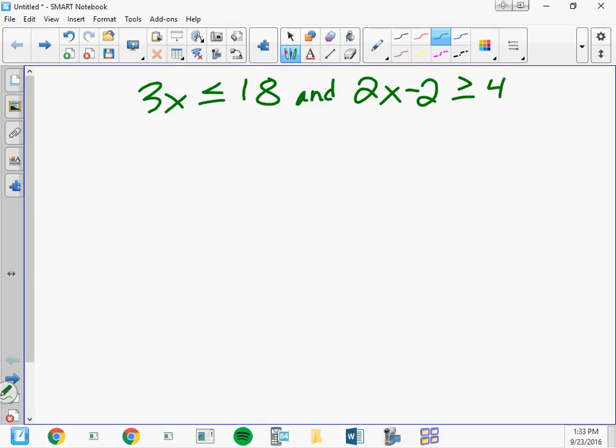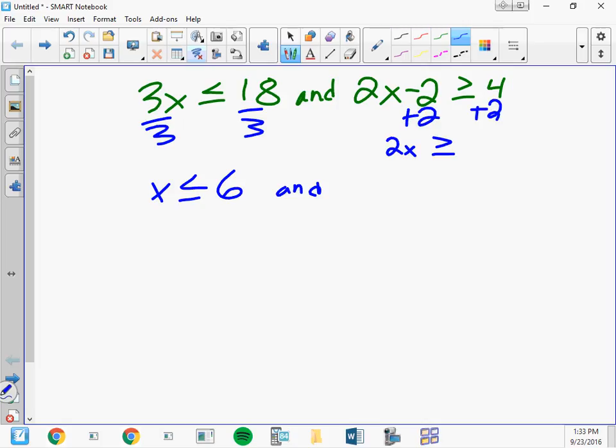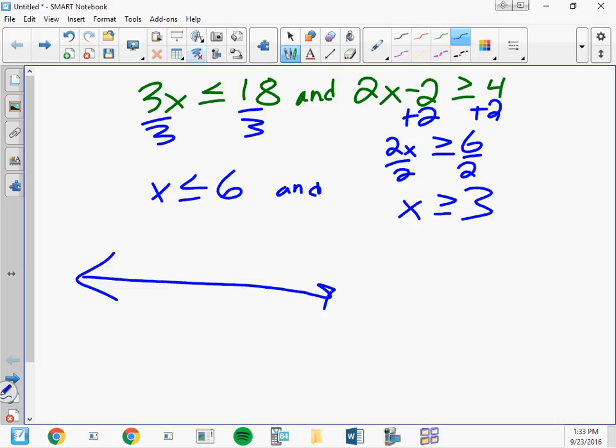So in order to be an answer, you have to satisfy the first one and the second one at the same time. Solve each one. X is less than or equal to 6, and if we add 2, 2x greater than or equal to 6, we divide by 2, x is greater than or equal to 3. In this case, I have a 3 and a 6.